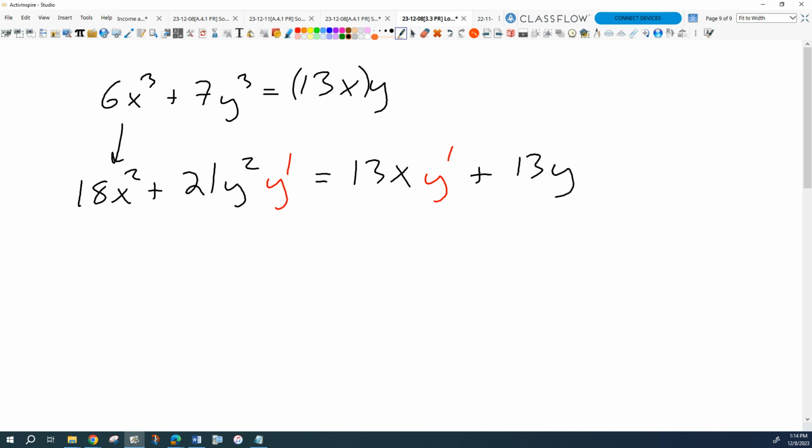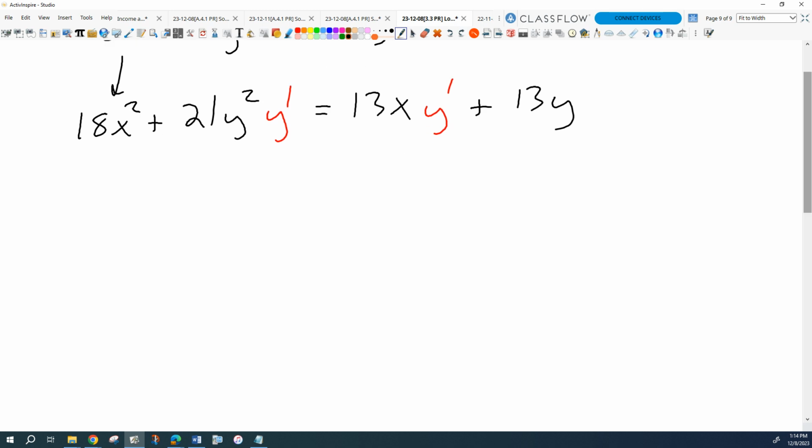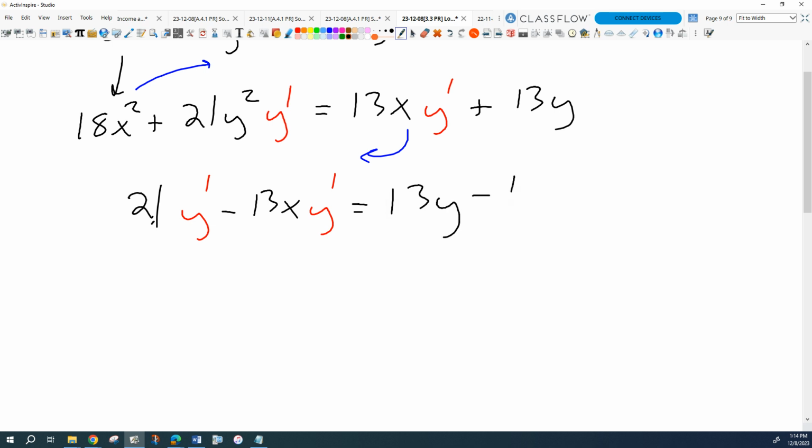Then I tried to move all my terms to the side. Okay, well, what are we going to do? So we're going to subtract that term to that side and subtract that term to that side, right? I won't skip any steps. So we're going to get 21y squared y prime minus 13x y prime equals 13y minus 18x squared, right?